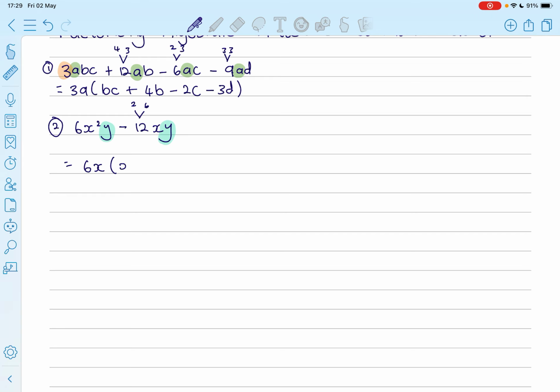So what is left here is x times y, because we took 1x out. And here we've got 2. We took x out. So now we just have 2y.